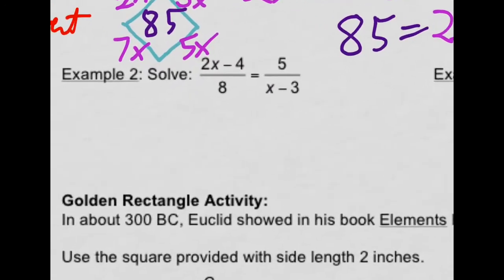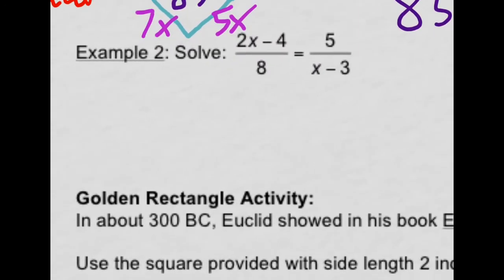Example 2 wants you to solve this equation here. Now we're going back to algebra in this one. We're cross multiplying, and so my 8 moves up to my 5, and I get 8 times 5.